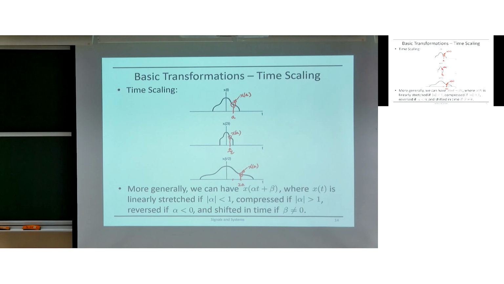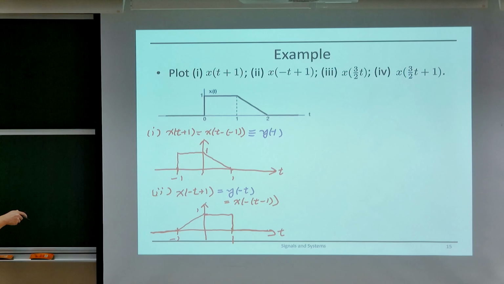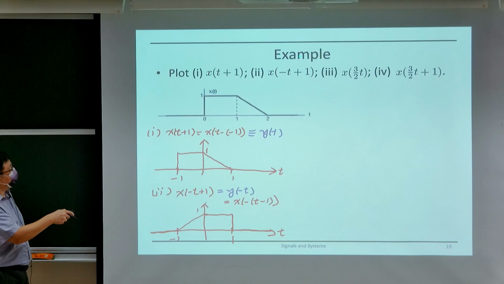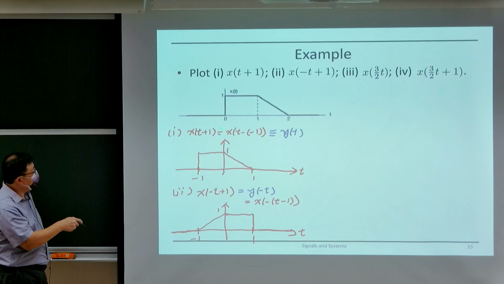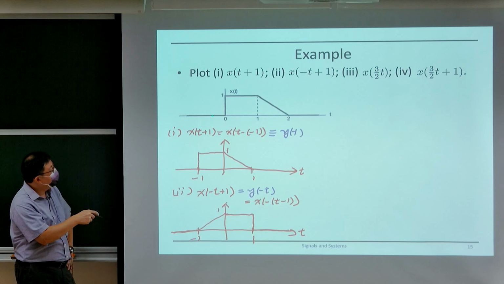Last time, yesterday, we were in the middle of this example. We were looking at this signal x of t, and we want to see what it looks like after these different transformations. We completed the first two. If you first look at x of t plus 1, then x of t plus 1 is just a time-shifted version of x of t.